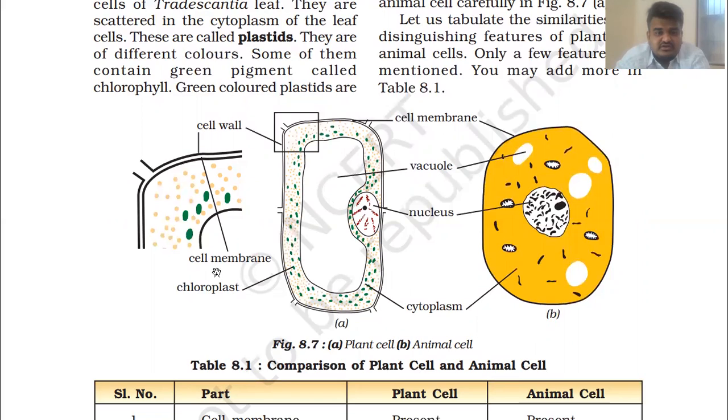Here you can see this cell membrane. Observe here, it is like a cover to the cell, which increases rigidity. So in figure 8.7 you are given a figure of a cell of plant and animal both.